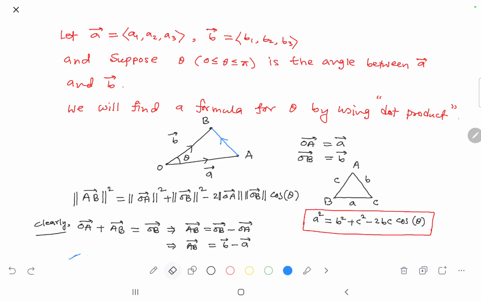If you look at this, OA vector is A vector. So A vector absolute value square plus B vector absolute value square minus 2 into A vector absolute value, B vector absolute value, and then cosine of theta.